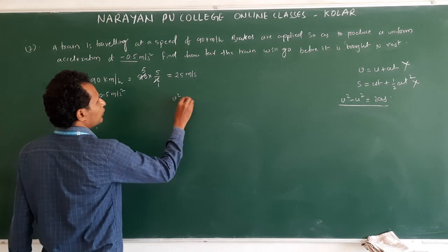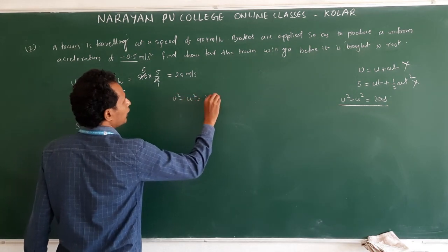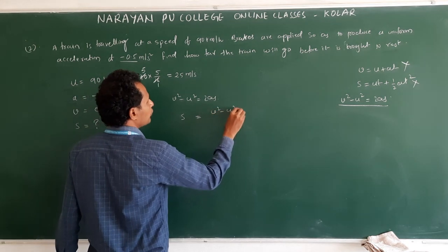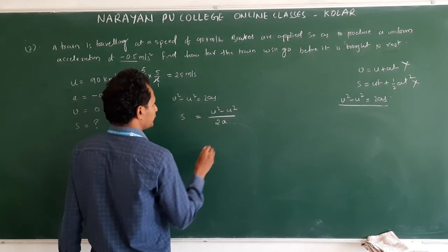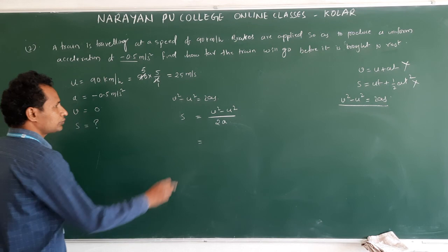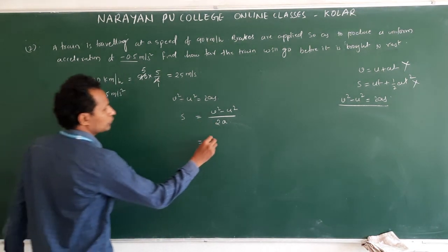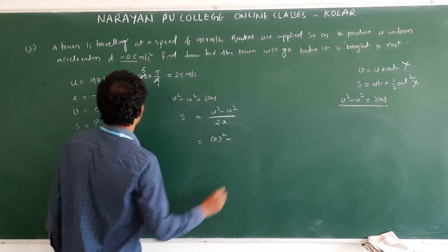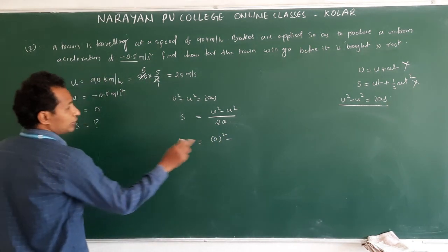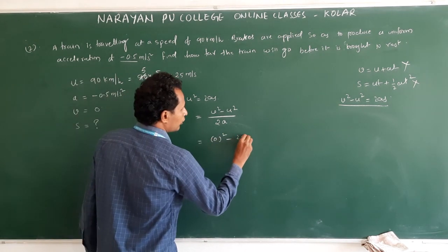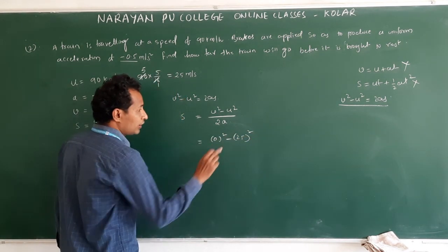So V square minus U square is equal to 2AS. S is equal to V square minus U square by 2A. Now substitute the values. V value is what? 0. 0 square minus. This minus is already there in the equation. U value is what? 25. 25 square.